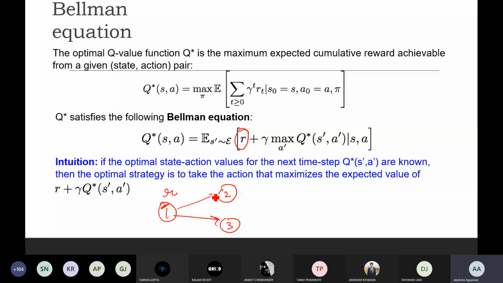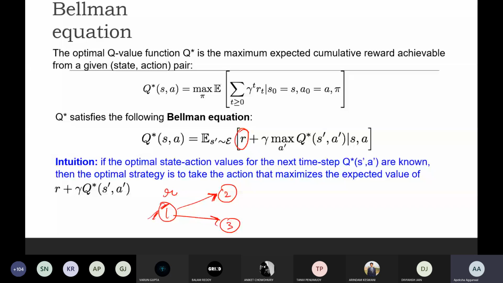Why? Because definitely my present optimal reward depends upon what actions I take in future. So in future, if I decide to go to 2 or 3 or any other state, my reward at this present state is dependent upon what reward that I have, plus what reward that will generate if I take action A dash.